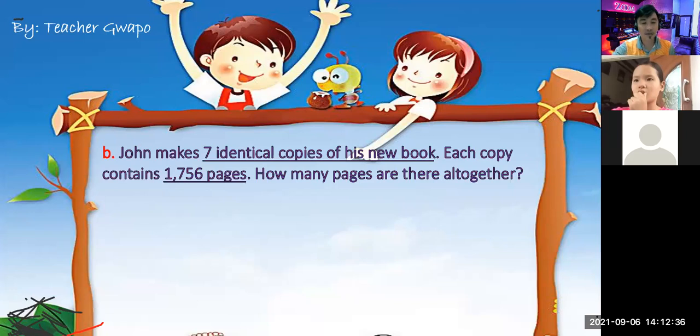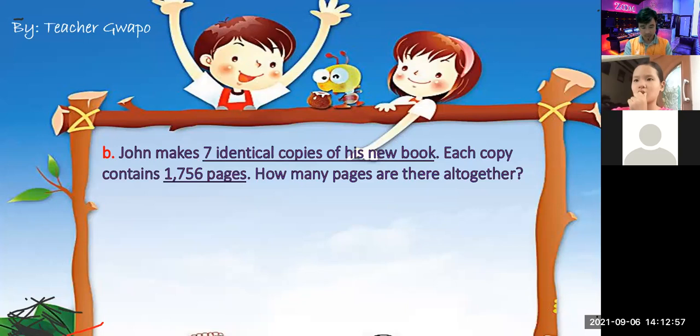One book, 1,756 pages. So the question here is, how many pages are there altogether? One book, 1,756 pages. And then how many books does he have? He has 7 new books.